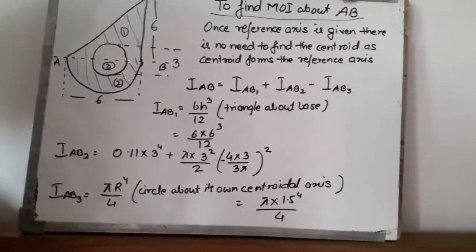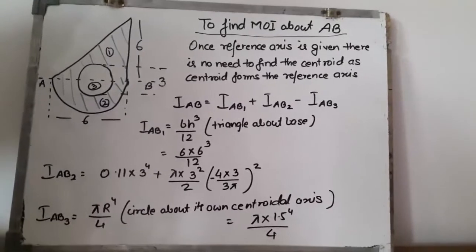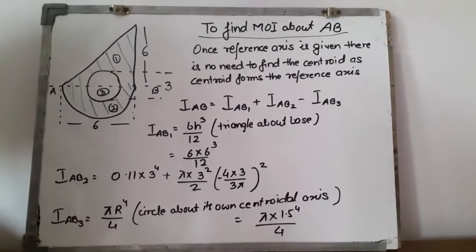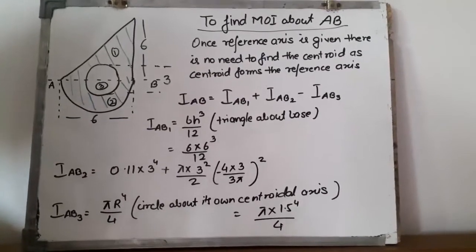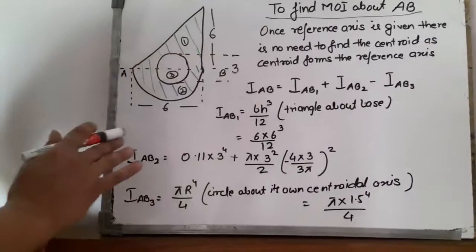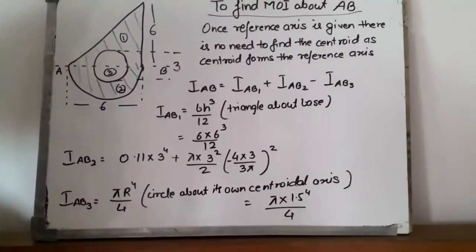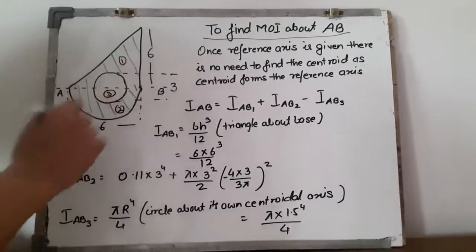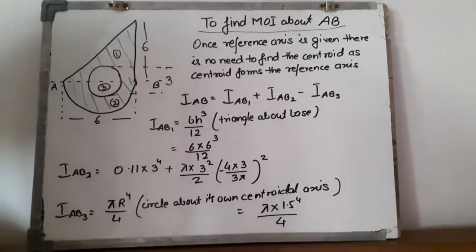So to cut down on the size of the problem, what the examiner does is he specifies the reference frame, or he will give you the location of the centroidal axis. So in this problem, the reference frame is predefined. So all distances have now to be calculated with reference to AB.